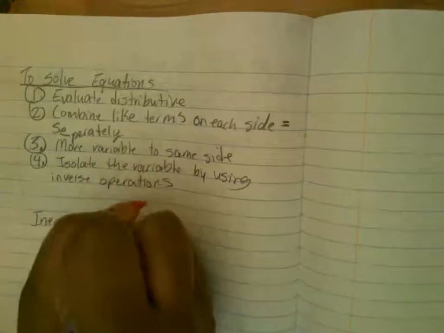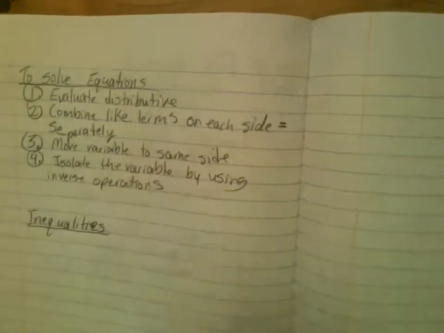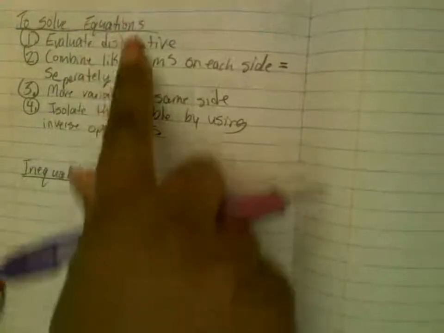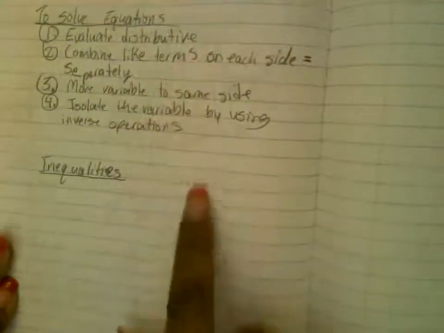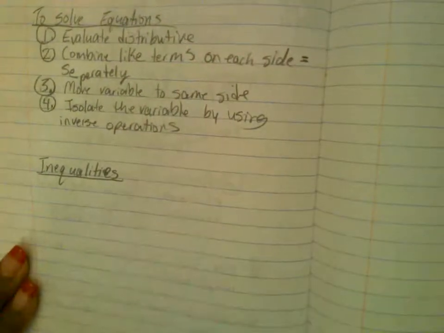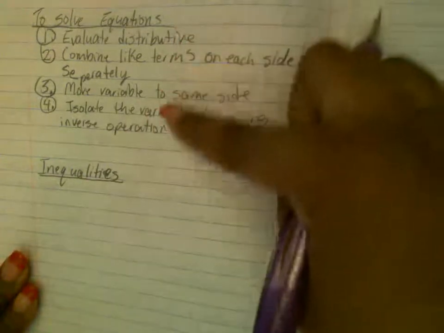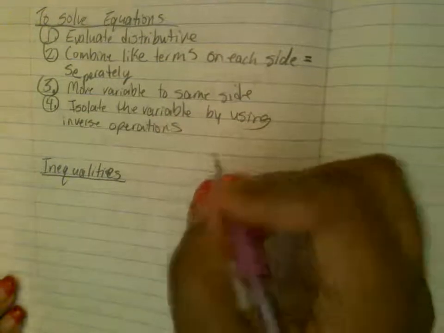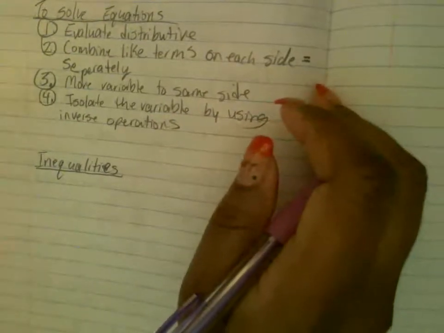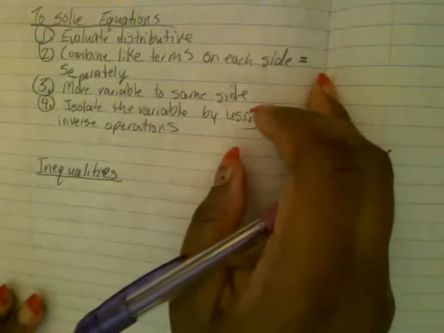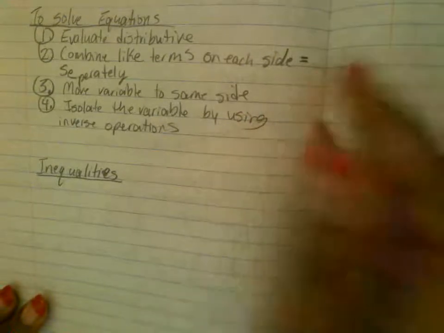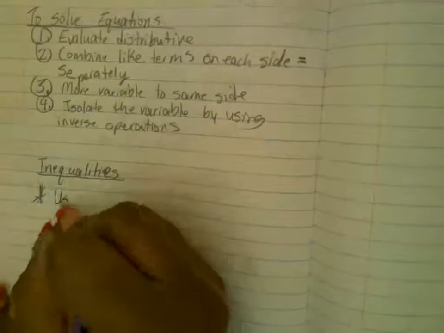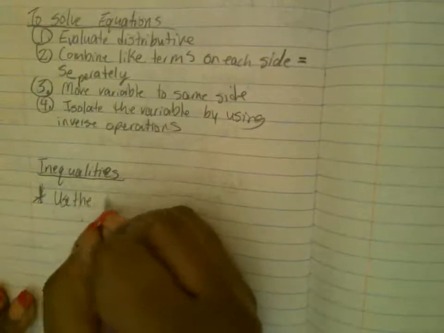All right. So with inequalities, you're going to solve inequalities the same way. You're going to use the same rules as you would for solving an equation. The only thing that's different is that when you multiply or divide both sides by a negative number, the inequality is going to flip.